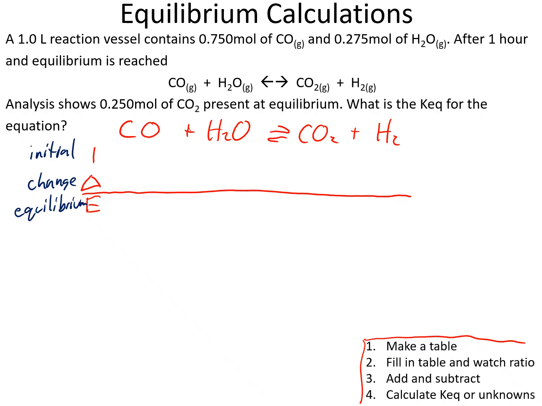So it says that initially, at the very beginning, the reaction contains 0.75 moles of carbon monoxide. Another thing: the only thing that goes in the ICE table is concentrations.